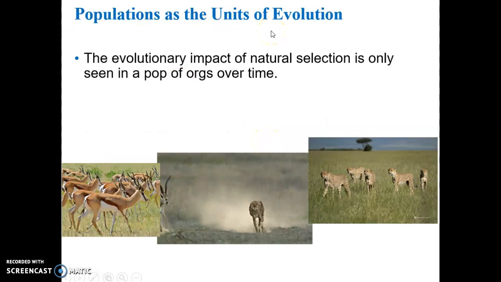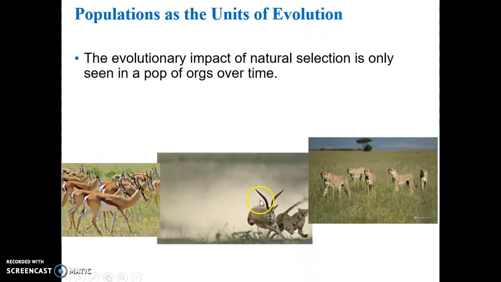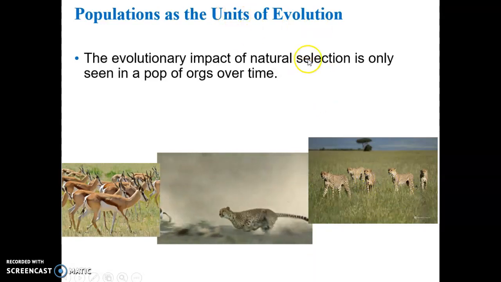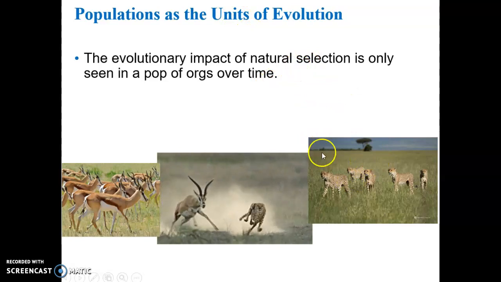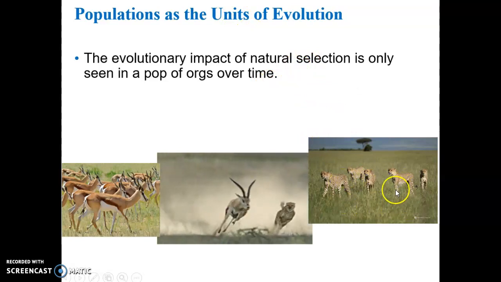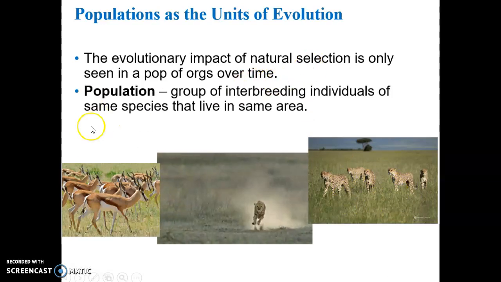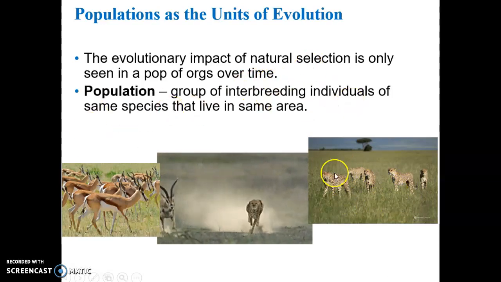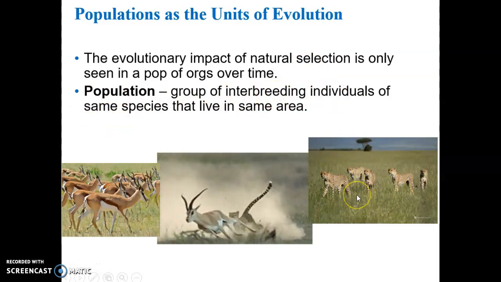So populations as a unit evolve. Remember, as I mentioned, the individual doesn't evolve, populations evolve. And natural selection is only seen in terms of evolution in populations of organisms over generational time. So what is a population? It's a group of interbreeding individuals of the same species that live in the same area.